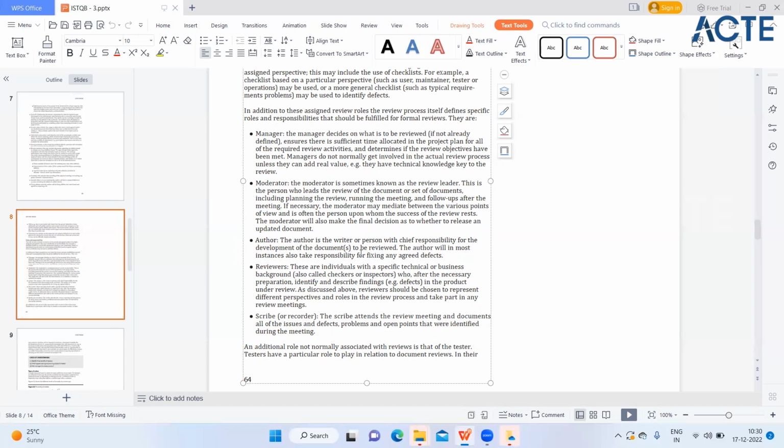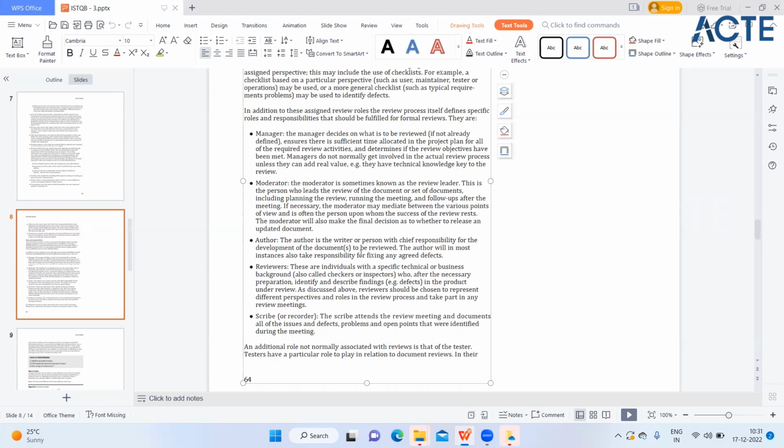The author is the person actually writing that particular document, but the review leader never does that. The review leader only provides feedback, reviews the meetings, and is the final person who provides the final decision.